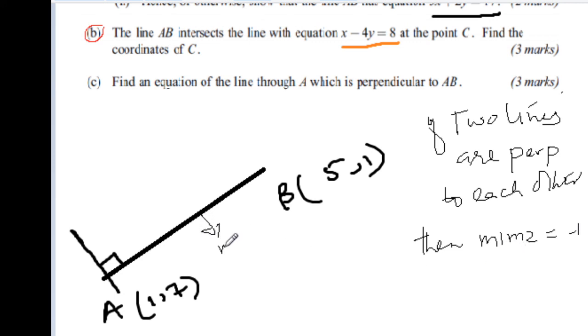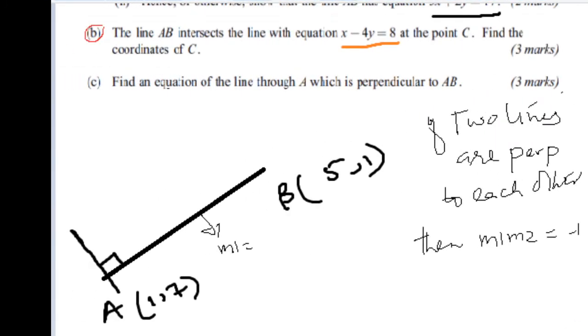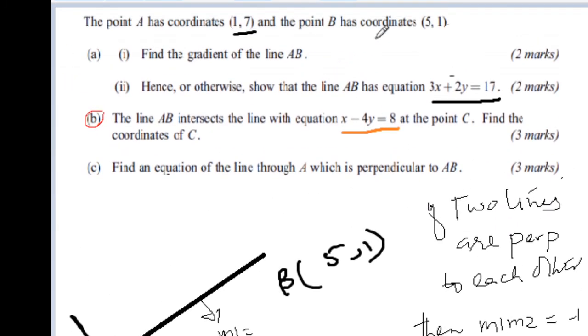So let's say m1 is what we got previously. What was m? I forgot the value. Let me check it again. m is 7 minus 1 over 1 minus 5, 6 over minus 4, which is minus 3 over 2. Yes, so this is minus 3 over 2.